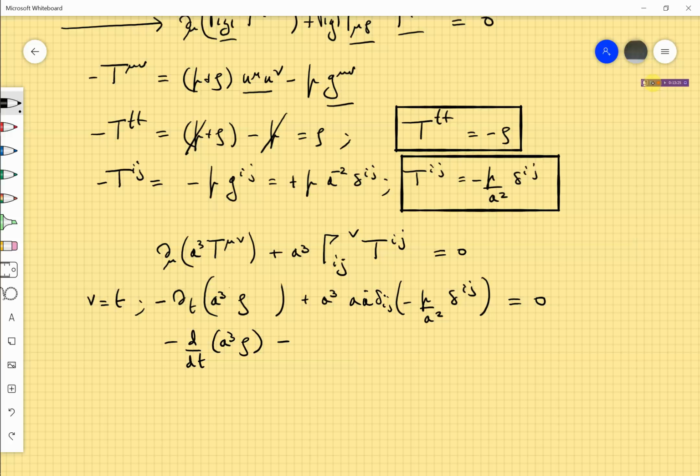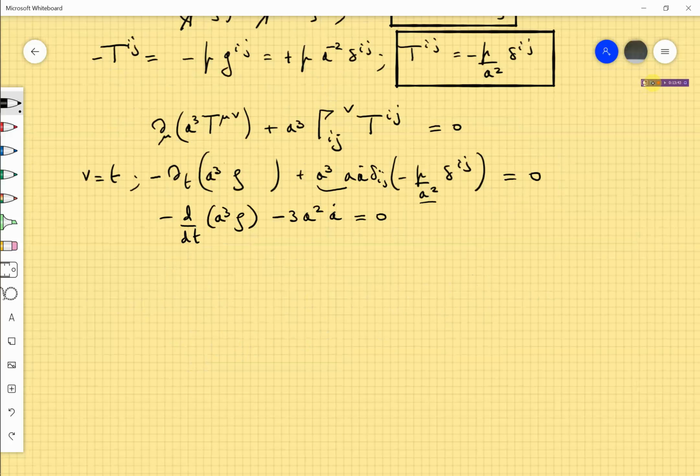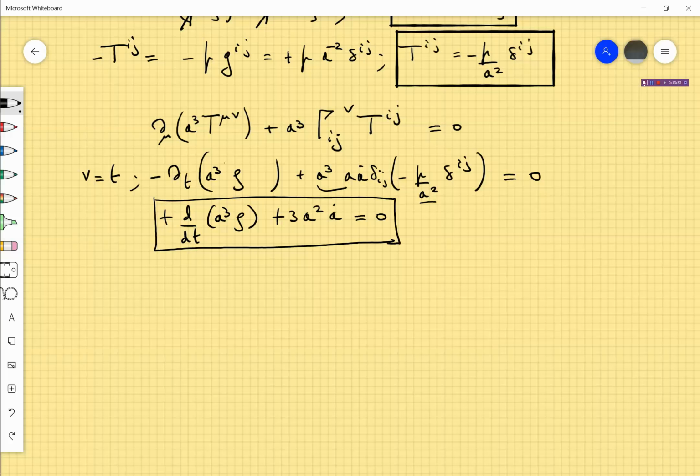Here there is another minus, and I have a cube p divided by a squared, so this is a squared a dot, and delta ij gives me 3. Right, now let me change the sign, and okay, let me do this for the moment as it is, and we will find an interpretation later. Let me write the other equation with nu equal to i.